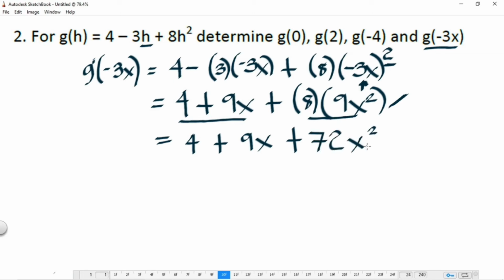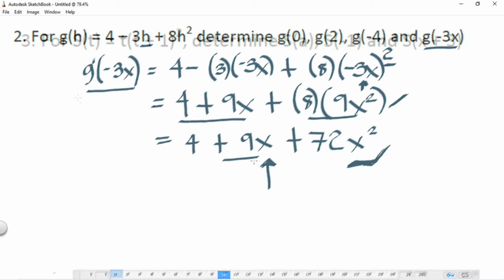For this one, we cannot already perform simplification. Therefore, this will be our final answer for g of negative 3x. And one thing more, there is no assigned value for x. That is why we just have to leave this as it is.